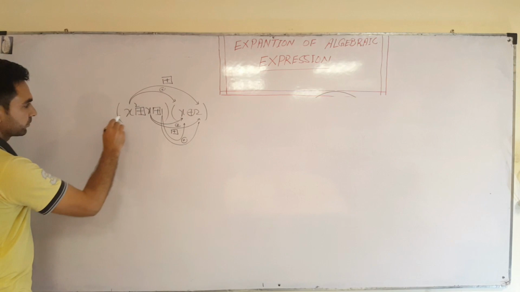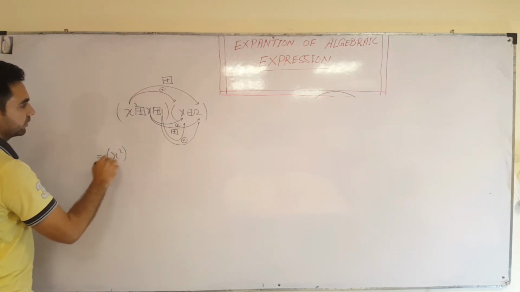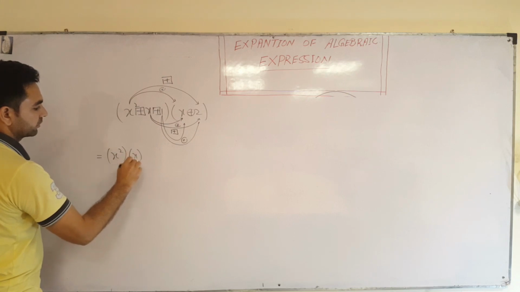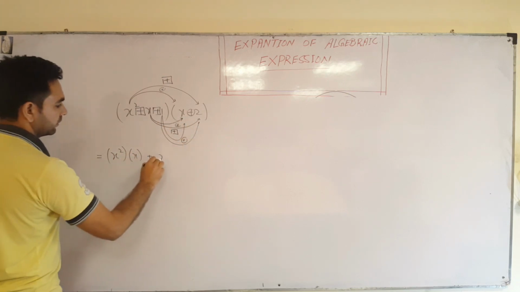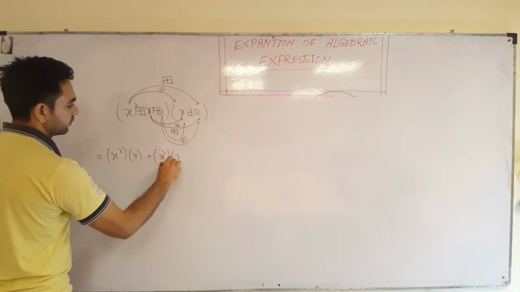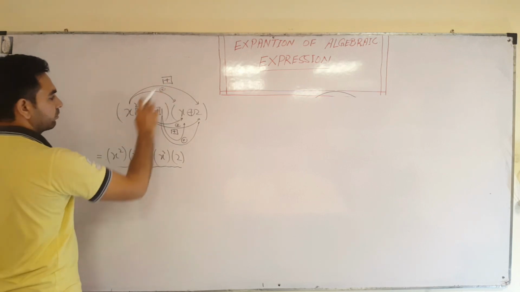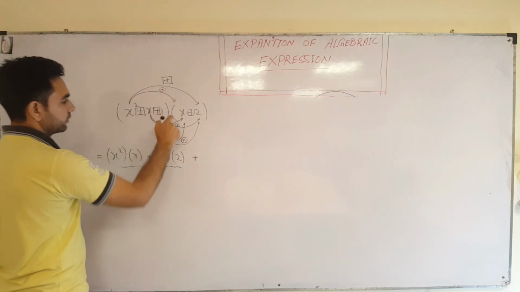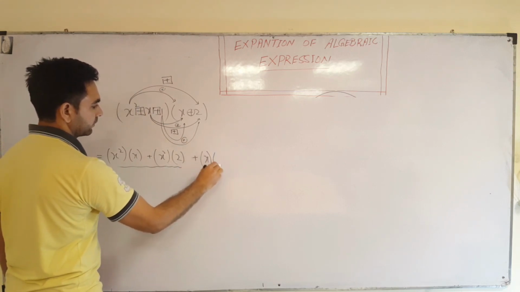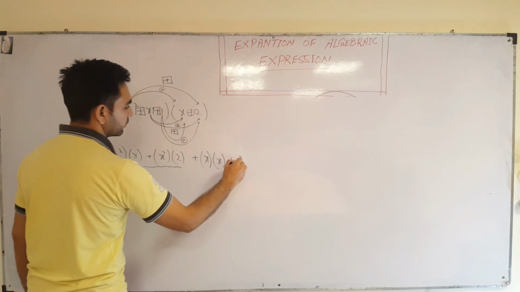So let's do it. X square is multiplied to the first x, and then we use this plus, and then x square is multiplied to 2. So you are done with the first part. Now we use the symbol here, plus, again x into x, this sign, x into 2.